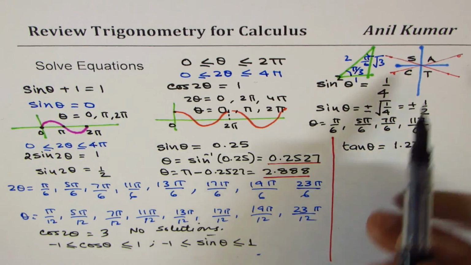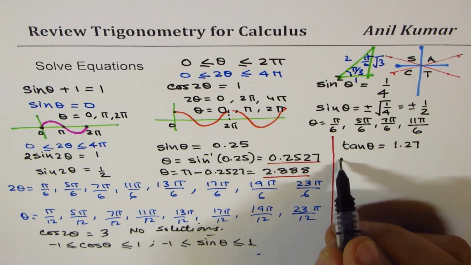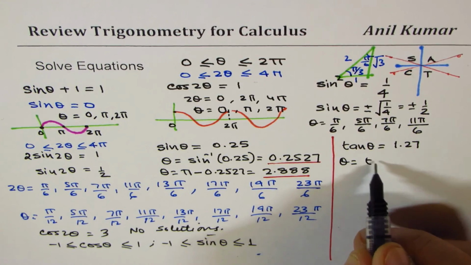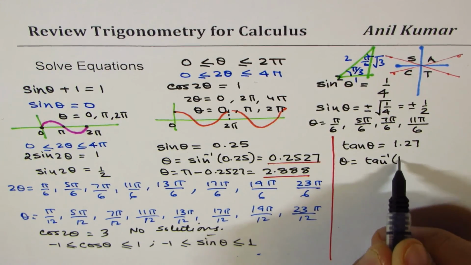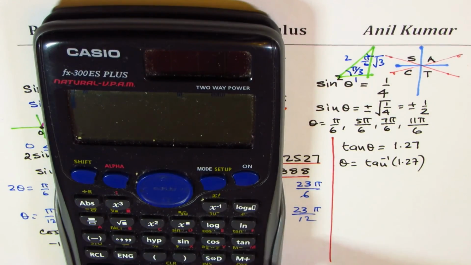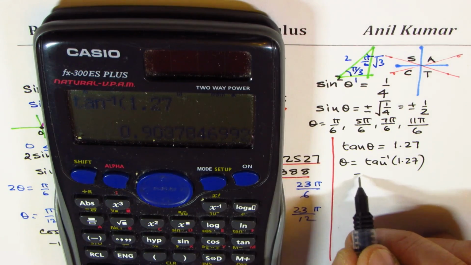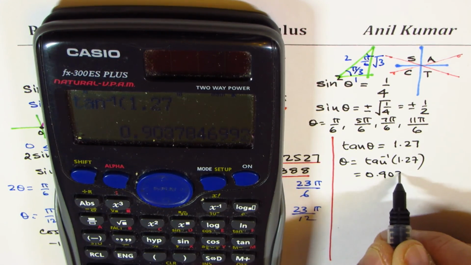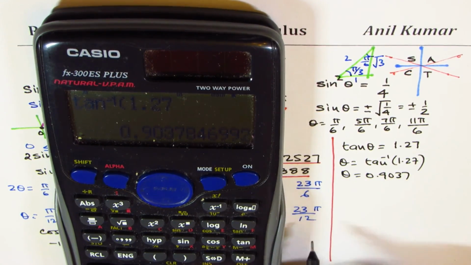So whatever you get in quadrant 1, you can add pi. Theta equals tan inverse of 1.27, which gives me 0.9037. That is one value of theta.